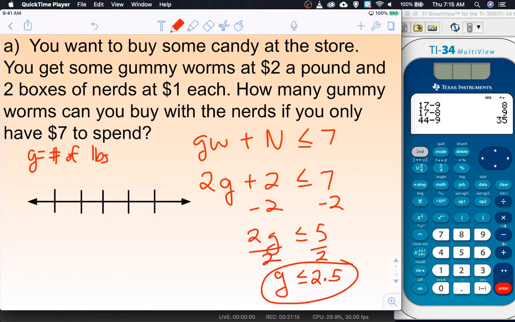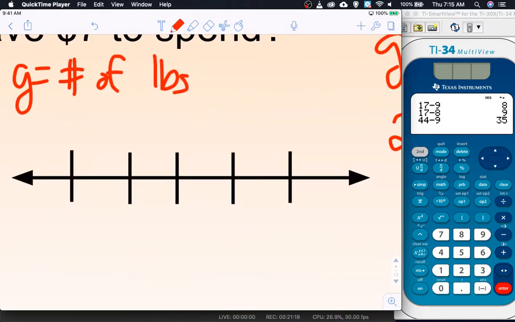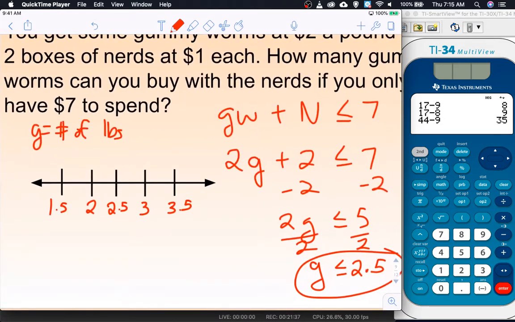So my graph would be, I would put 2.5 here. And then I would go 3 and 3.5 and 2 and 1.5. I would count by 0.5s, so by half pounds. And then I needed a solid dot at 2.5.